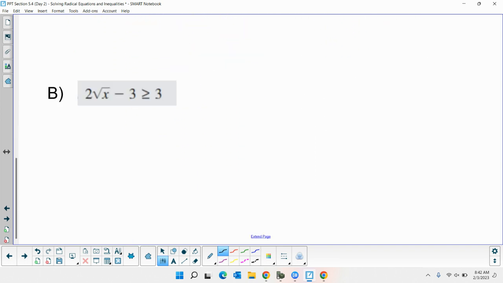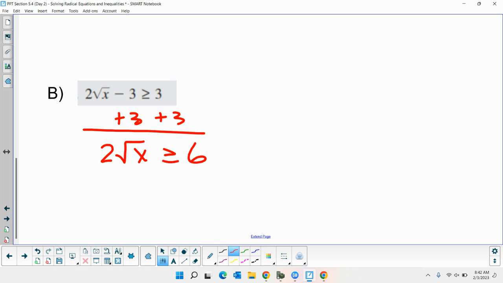All right, this one. What do I got to do first to isolate the radical? Add 3, thank you. Is the radical isolated yet? No, so what do I do with the 2? Divide, good. Oops, x.